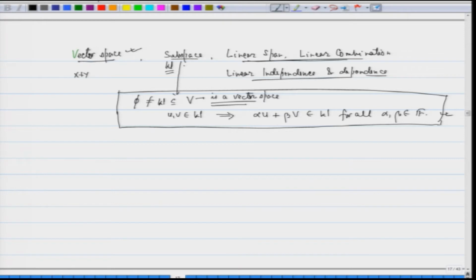Now, let us look at something about independence and dependence. I had said it about the rank of a matrix. So, let me get into that with an example, so that you can recapitulate these ideas which are important. So, theorem.